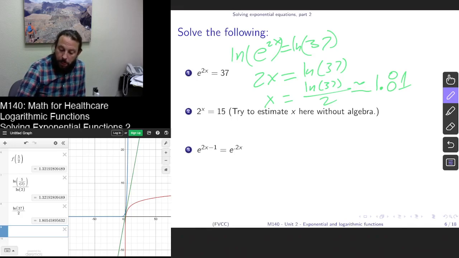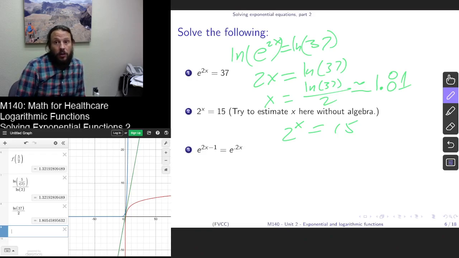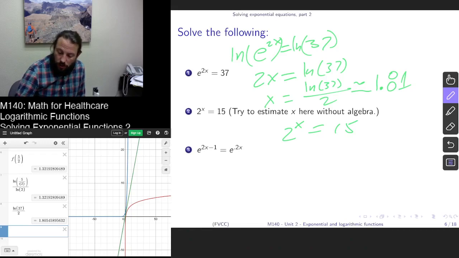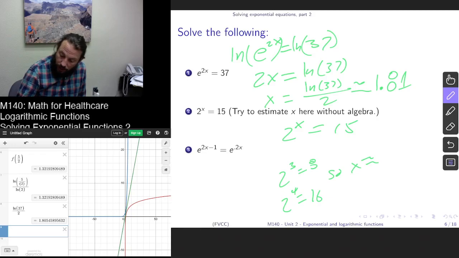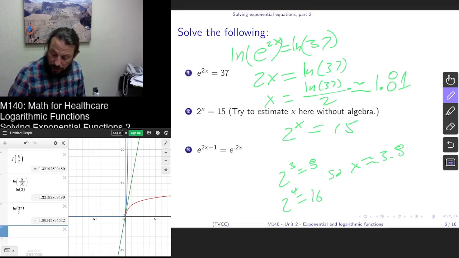Well, 2 to the x equals 15. 2 cubed is 8, 2 to the 4th equals 16, so x should be a little less than 4, because 4 would have given me 16. I'd say something like 3.8-ish. But let's see exactly.